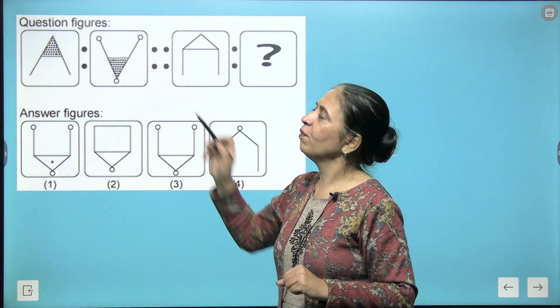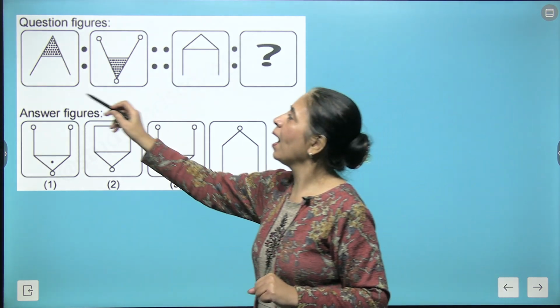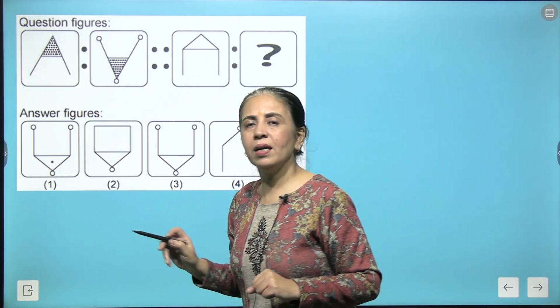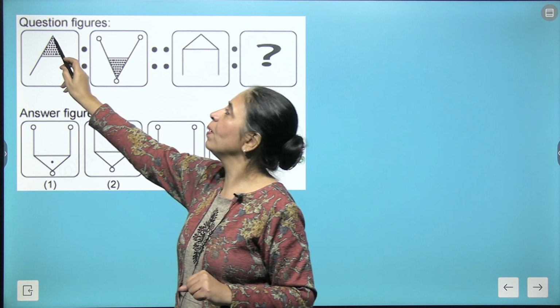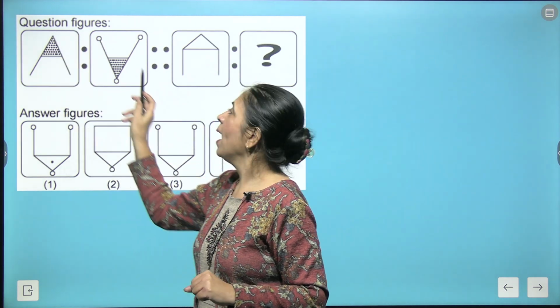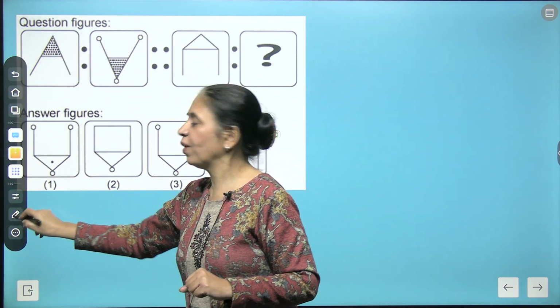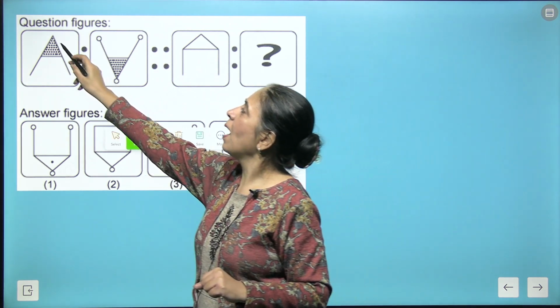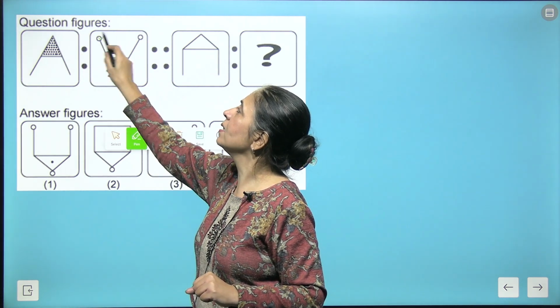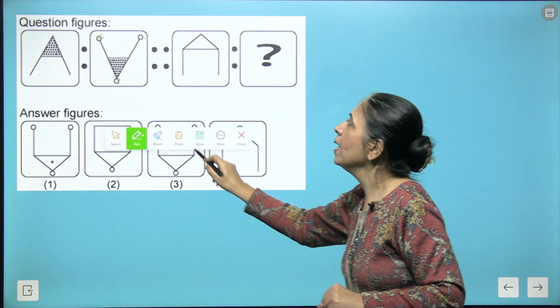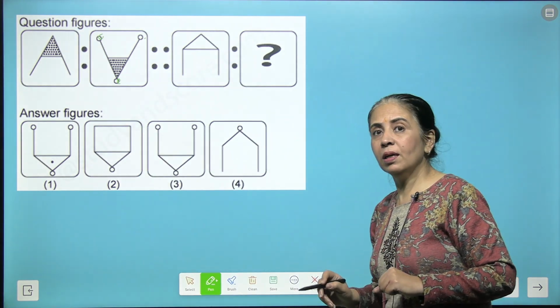So look at the first relation. We have a triangle shape with the pointed part upside, and observe the second figure here. It is upside down, but the circles are added here. Now coming to the third figure.